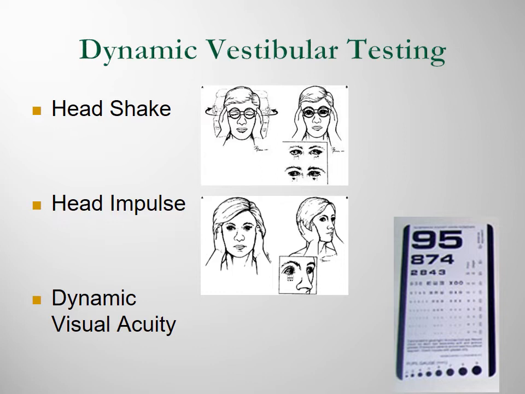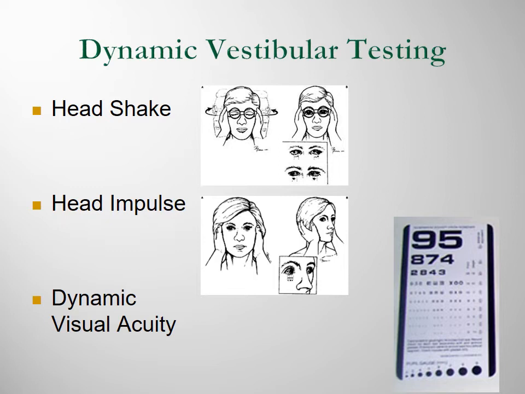Dynamic vestibular testing: actively head shaking and looking for nystagmus, for the type of nystagmus and for the direction of the nystagmus.